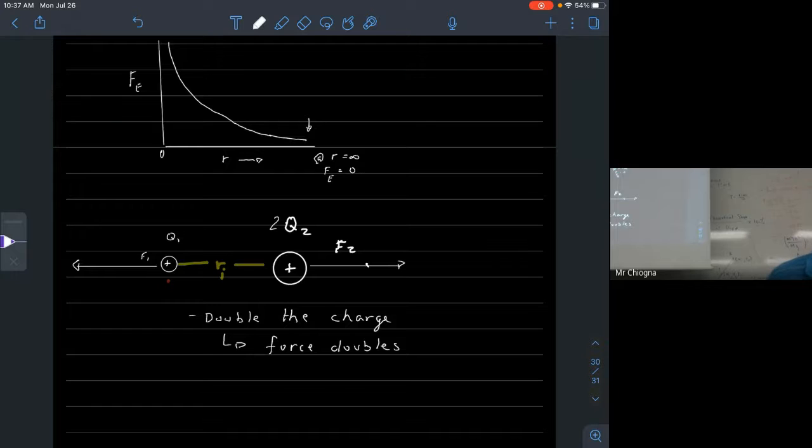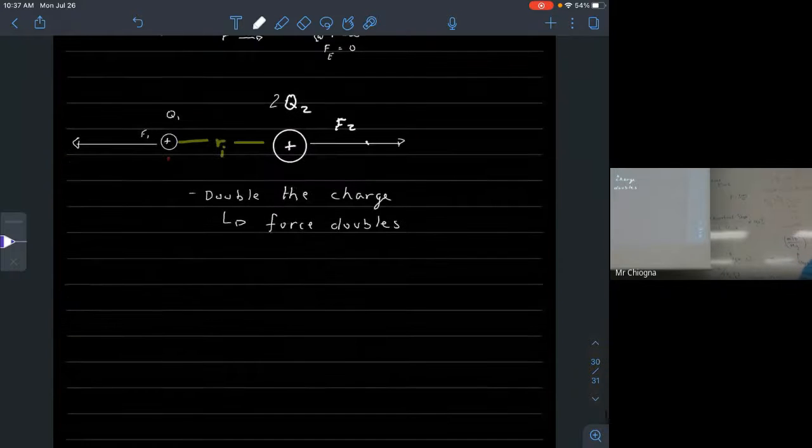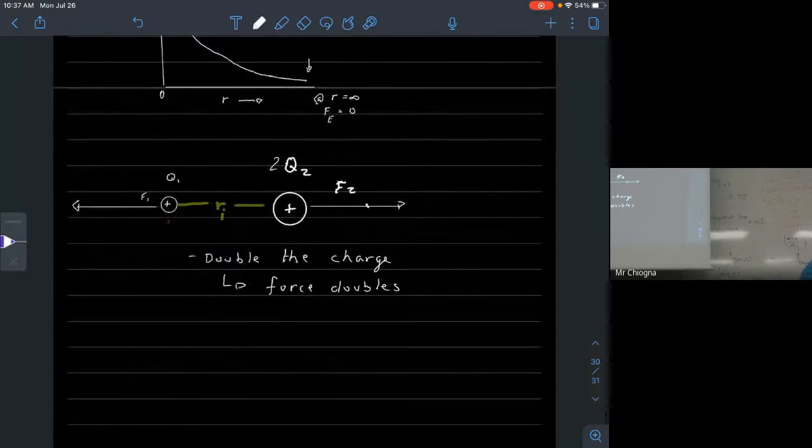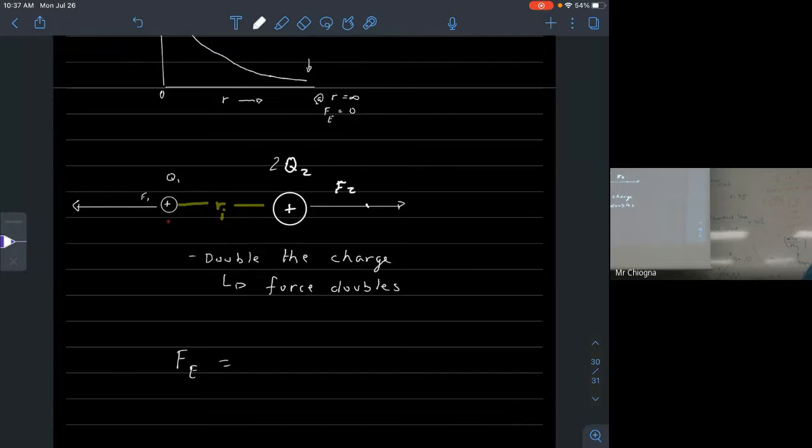How do you express that mathematically? This is identical to the case of masses. You double the mass, the force doubles. And we're talking about gravity. So the equation should look very similar. The equation is this. This is the equation that tells you how to find the force given the charge.